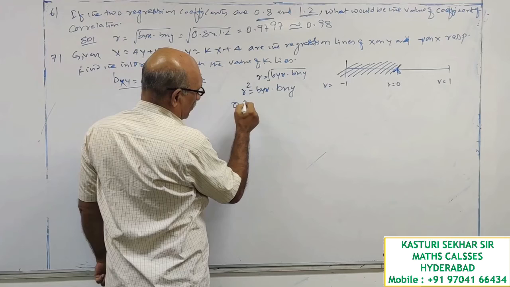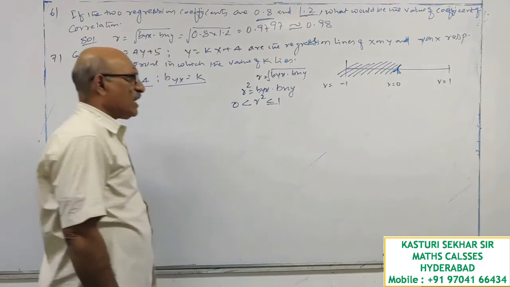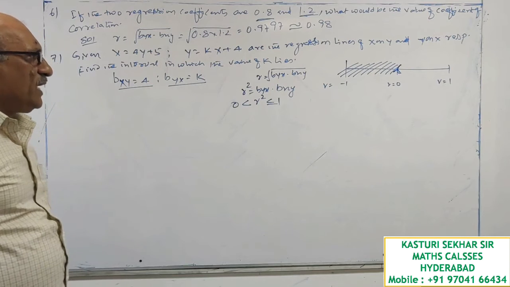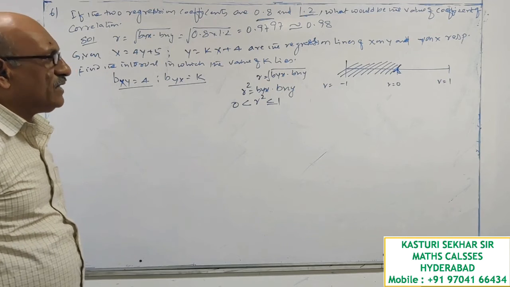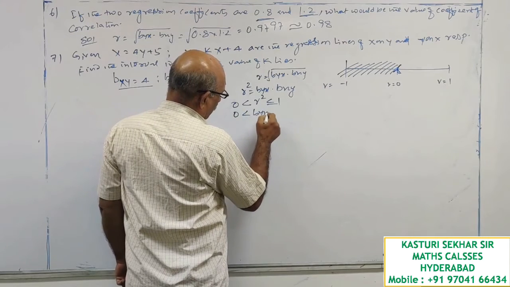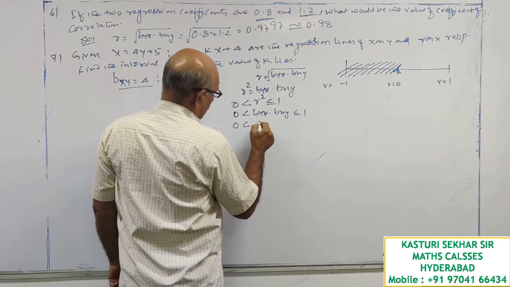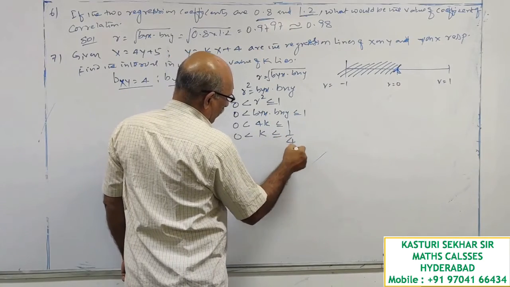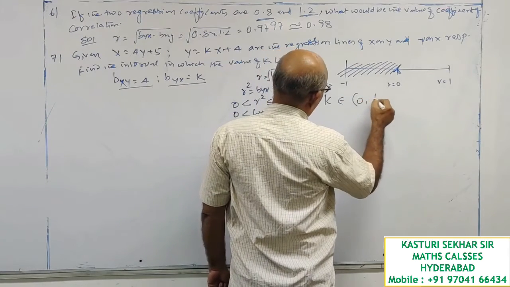So these limits I am writing this way: 0 less than r square, and r square less than or equal to 1. Because values are squared, negative values are eliminated. 0 less than byx, so 0 less than k less than or equal to 1 by 4. Therefore k belongs to the interval 0 to 1 by 4.